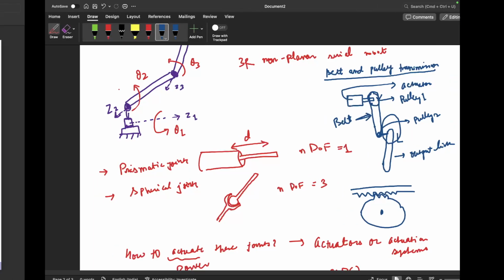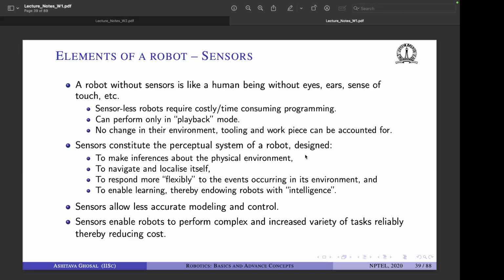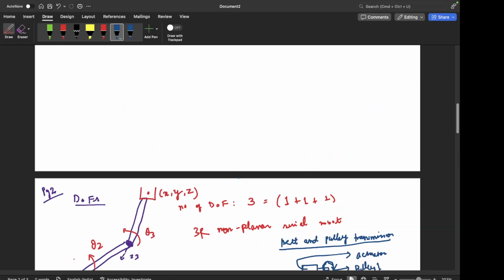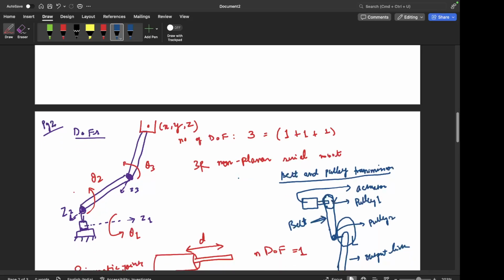Okay, all right. So actuators we discussed briefly, and we have discussed joints. Then we discussed how to power those joints, those are the actuators.